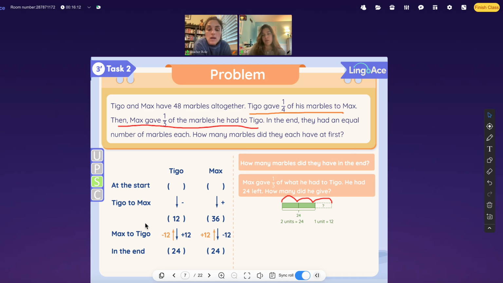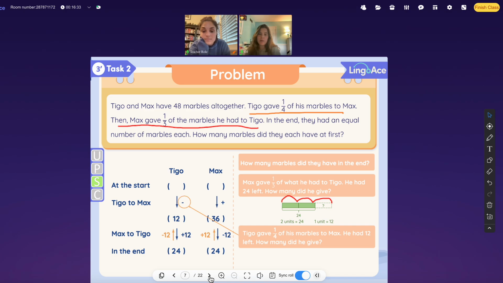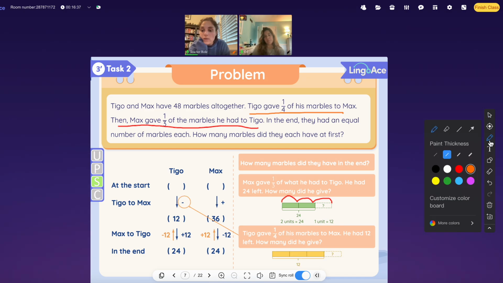If we know that Tigo has 12 and Max has 36, and before this Tigo had given 1/4 of his marbles to Max, we do the same thing we did this time, but with 12, and that's going to be separated into 3 different sections because then we want to find the 1/4. Excellent. Good job.